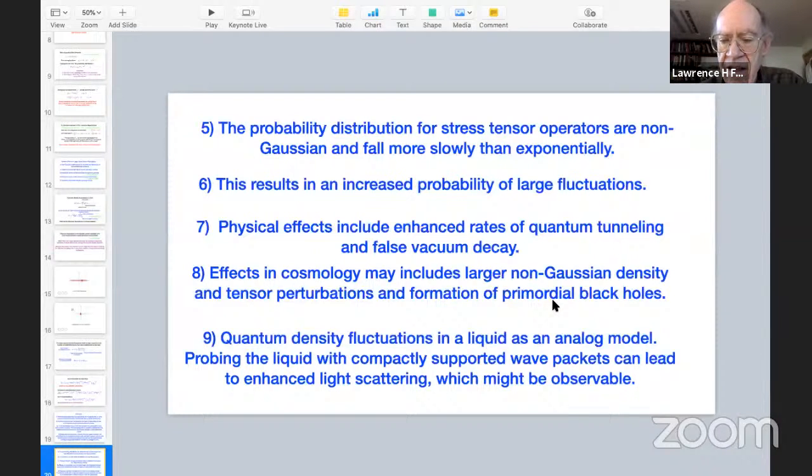So the Hawking derivation of the Hawking effect predicts that in this analog model, you should create a thermal spectrum of phonons. And there's been a great deal of both theoretical and experimental work looking at this.